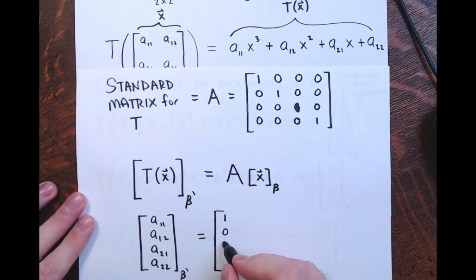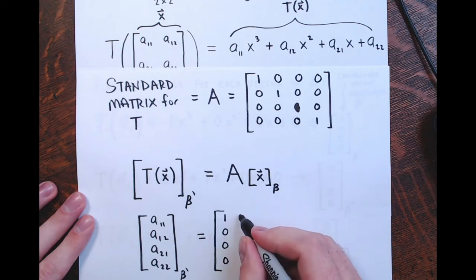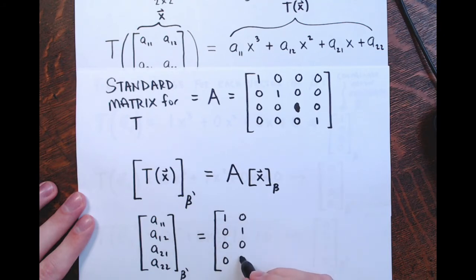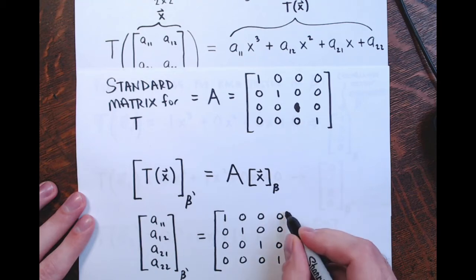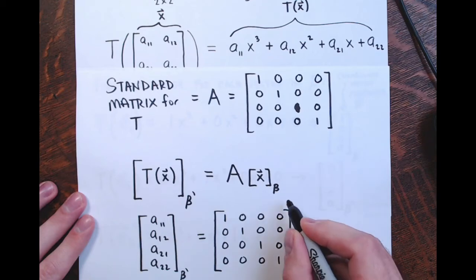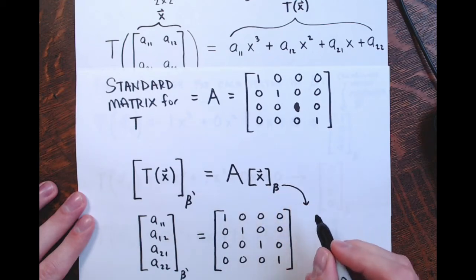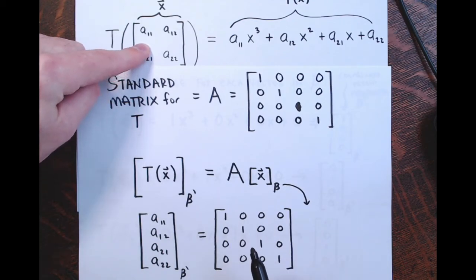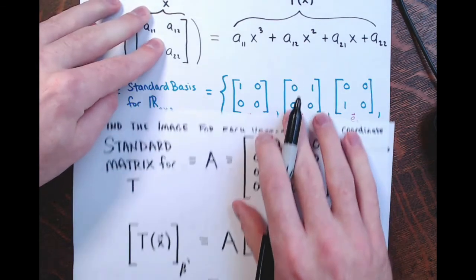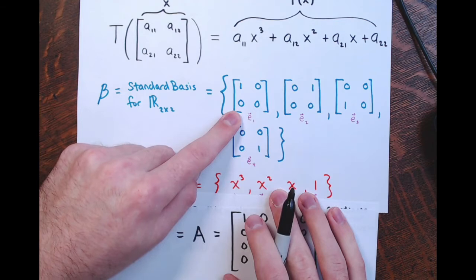Times the coordinate vector of x, this is my vector x here, but the coordinates relative to the standard basis b.